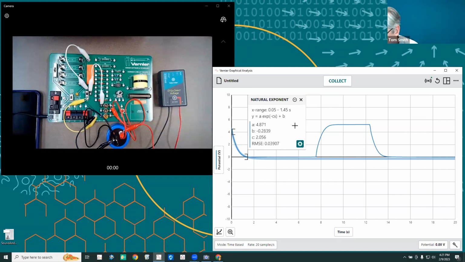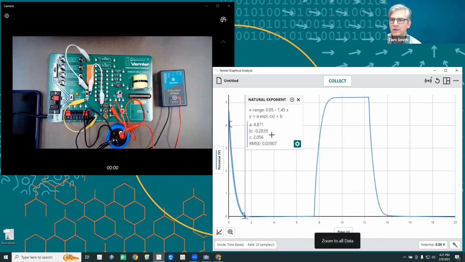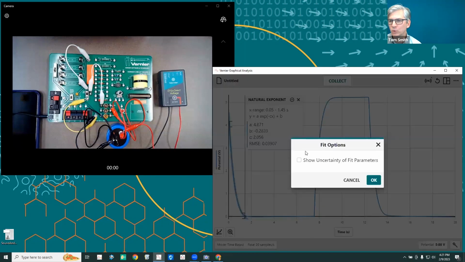Okay, one other point that I'll make while we're looking at this, let me zoom in here a little bit. These are the parameters of this equation. I'll note that there's a recently added tool of showing the uncertainty of the different fit parameters.